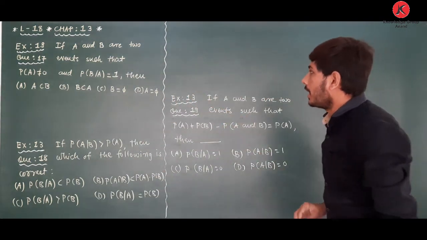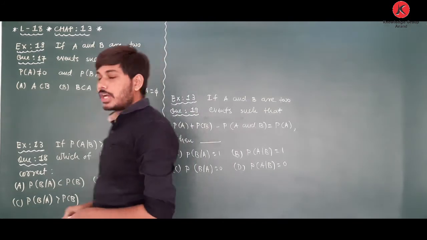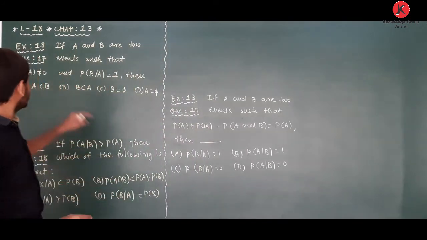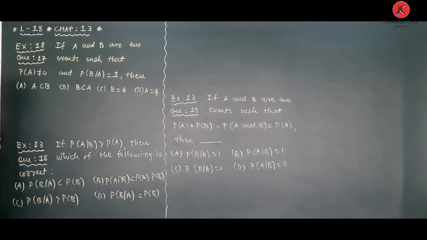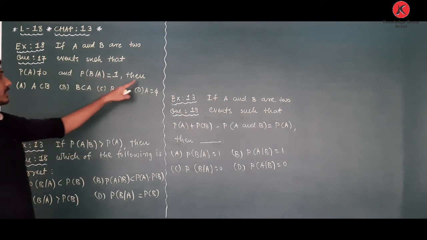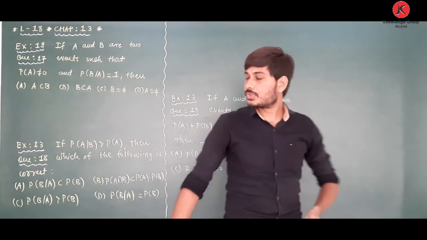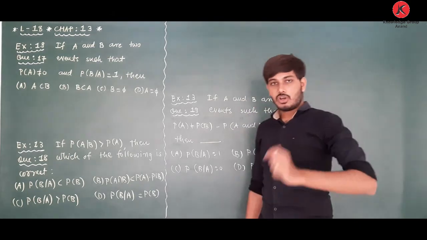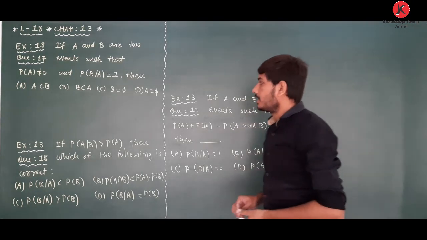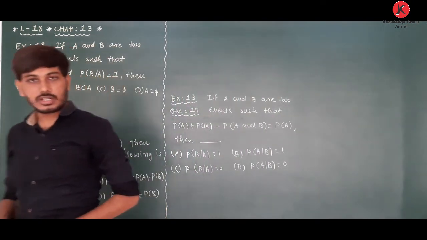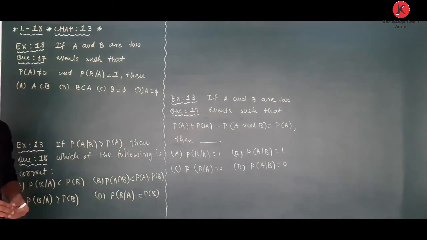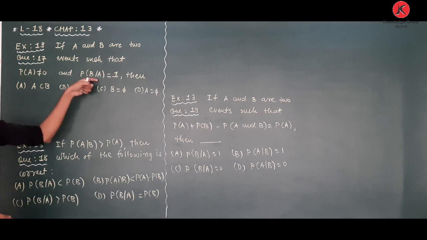If A and B are two events such that probability of A is not equal to 0 and probability of B given A equals 1, then option A: A is a subset of B, option B: B is a subset of A, option C: B equals the null set, and option D: A equals the null set. Which one is the right option for this case?